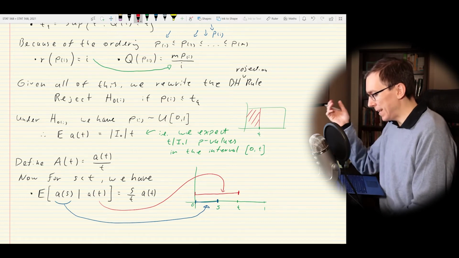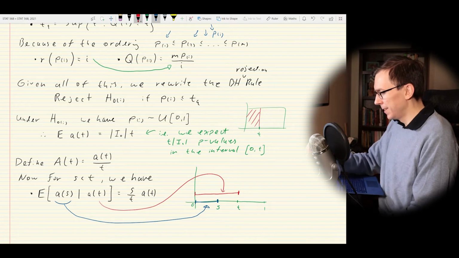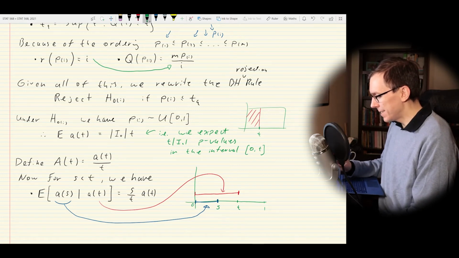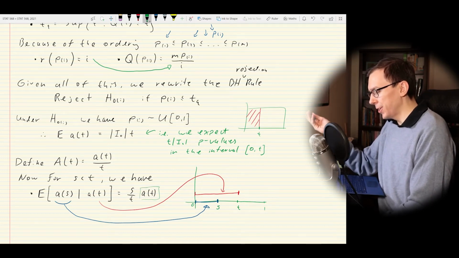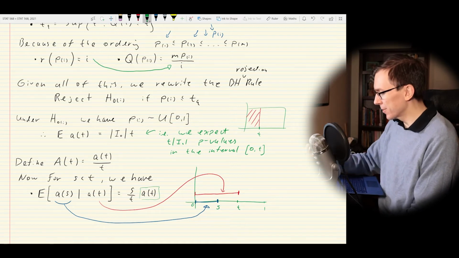It's basically the number of p-values that lie in the bigger interval, AT, times the ratio of the lengths of the intervals.